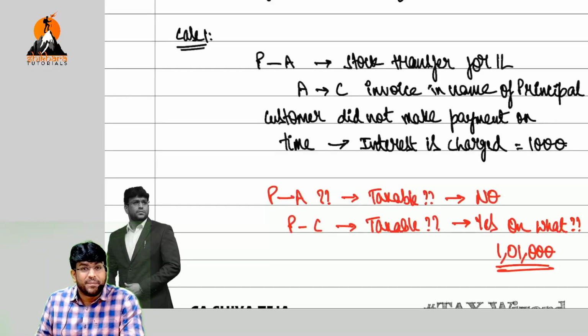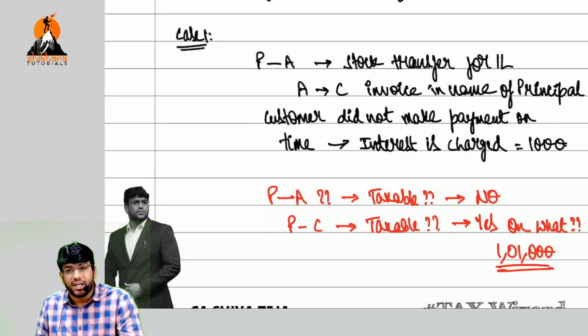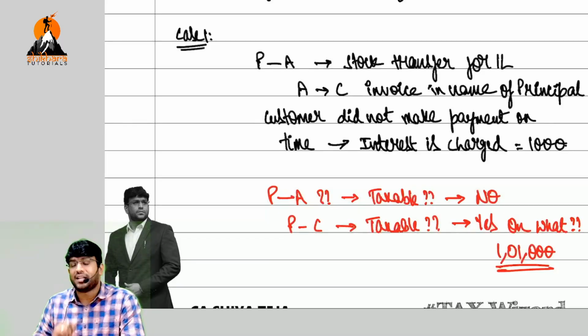Any interest, late fees or penalty which is collected from recipient will be included in the value of supply. And the GST will come on the entire 1,01,000. So getting the point? Everybody please reply.